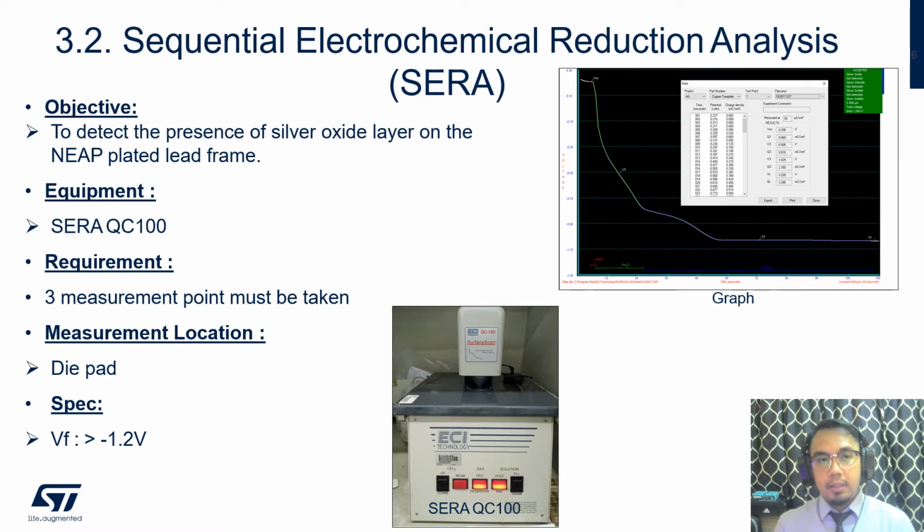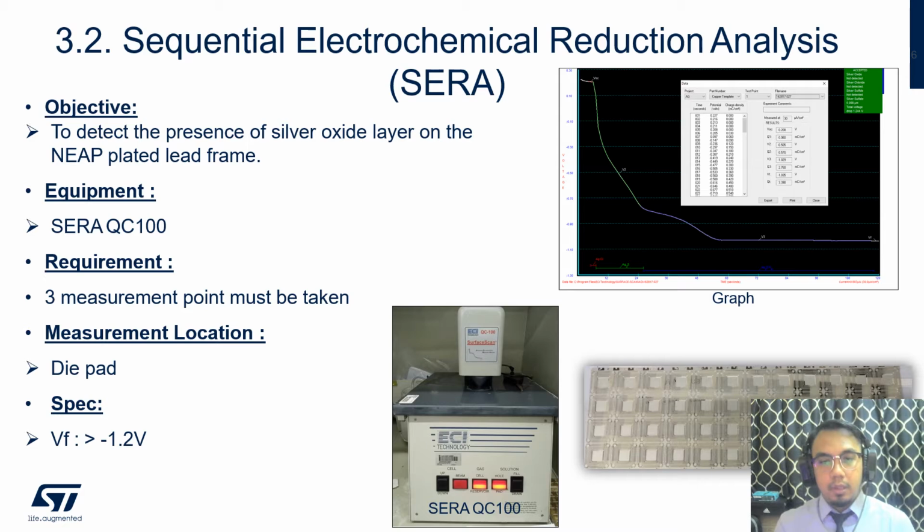The next slide is the sequential electrochemical reduction analysis, which is SERA. The objective of this process is to detect the presence of silver oxide layer on the silver-plated lead frame. The equipment we use for this process is the SERA QC 100, and this process requires 3 measurement points that must be taken, which I show you on the lead frame.